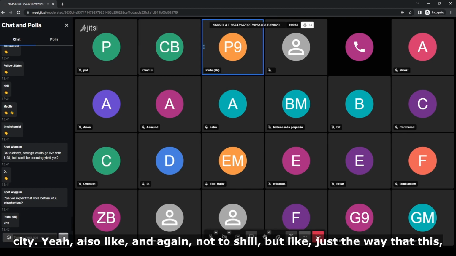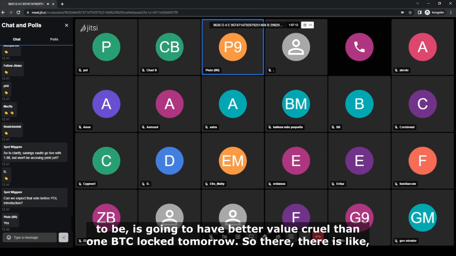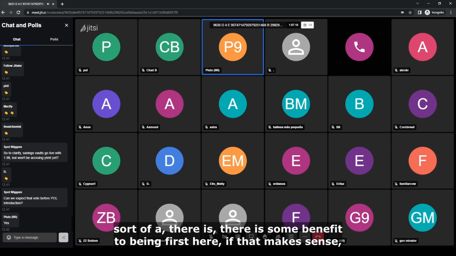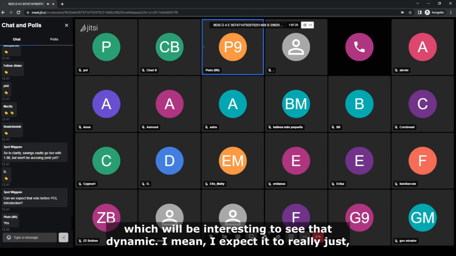Also, and again, not to shill, but the way this works with synths is that one BTC locked in now is going to have better value accrual than one BTC locked tomorrow. So there is some benefit to being first here, if that makes sense. Which will be interesting to see that dynamic.